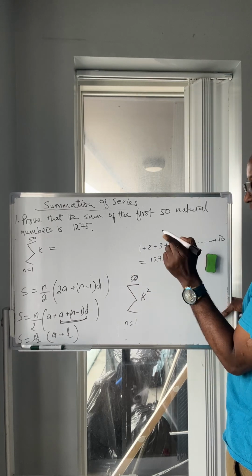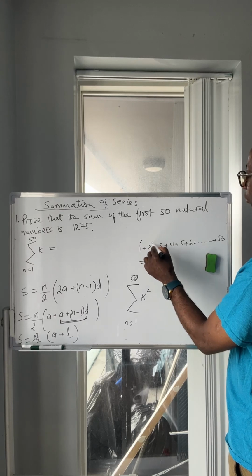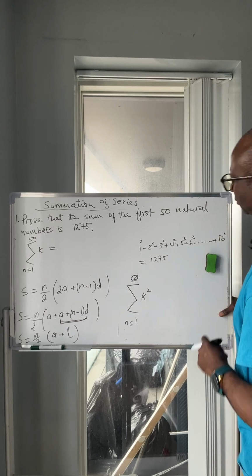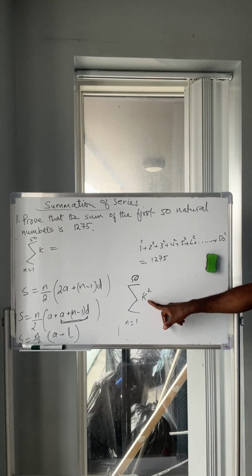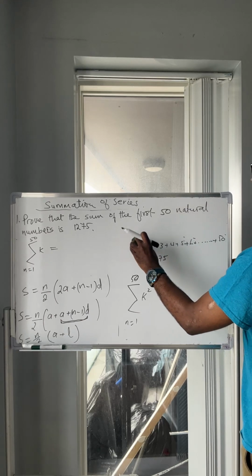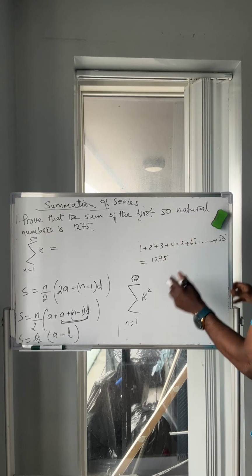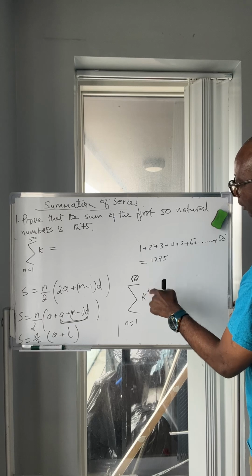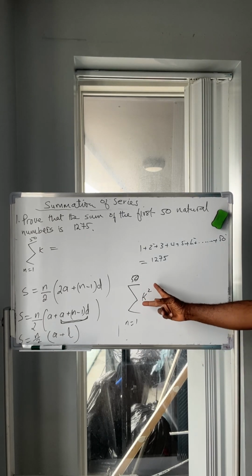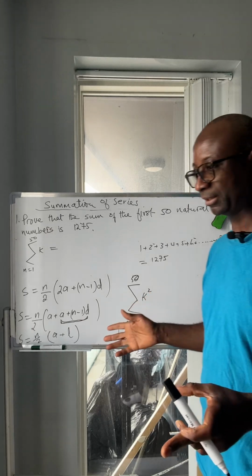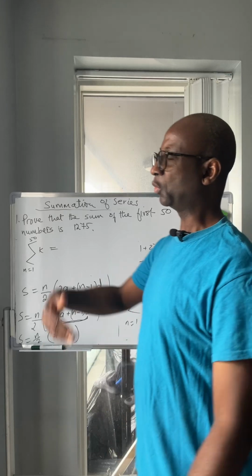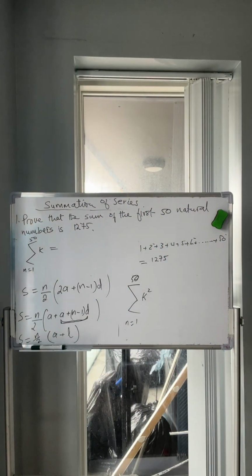Suppose we are asked to find the cubes, then all of these will be cubed. But the formula changes when it is squared, and it will be different when it is just natural numbers.